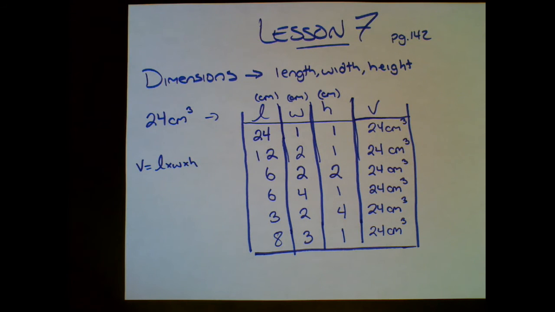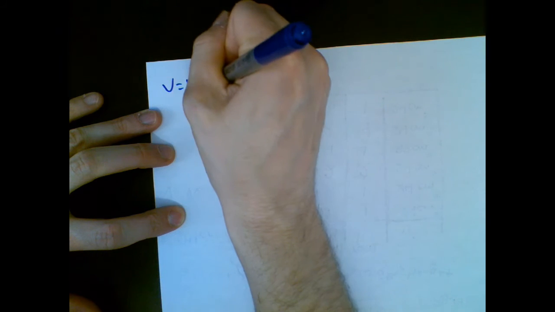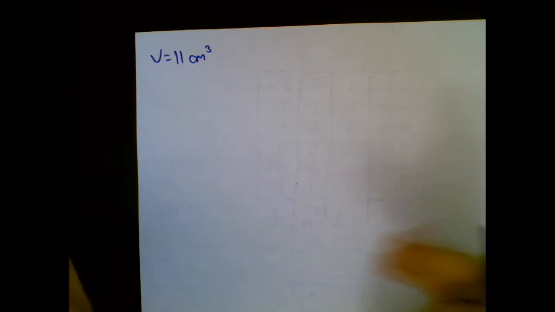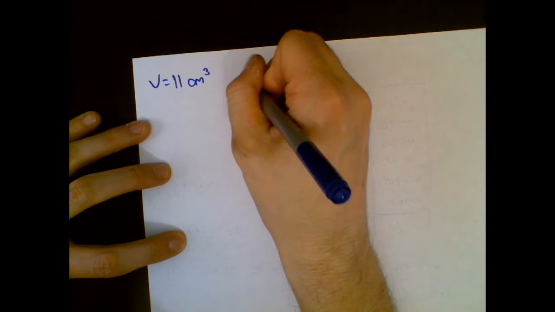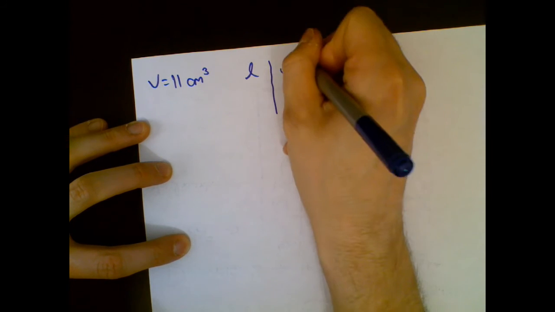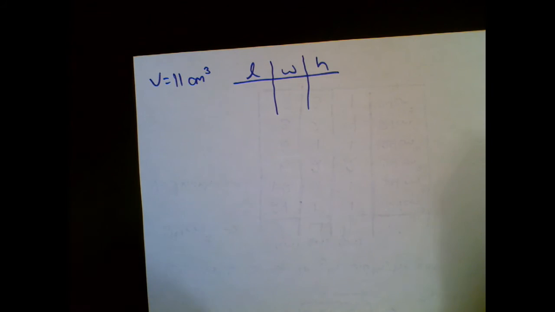So if I go to the next page, it's talking about, suppose you have a volume of 11 centimeters cubed. So same kind of question. I need to know a length, a width, and a height. What numbers do I know that I can multiply to 11?